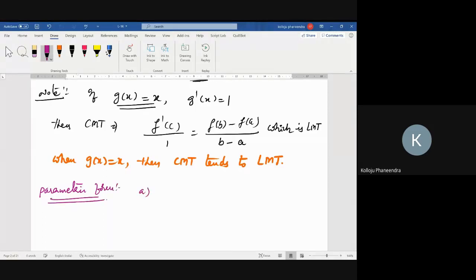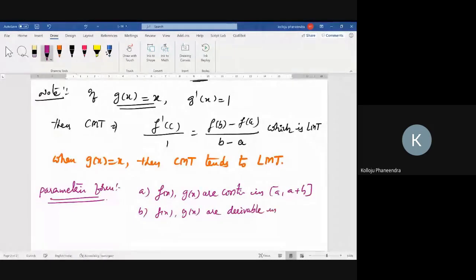What is the first condition? f of x, g of x are continuous in closed a comma a plus h. Second, f of x, g of x are derivable in open a comma a plus h. And third condition, g dash x not equal to 0 in open a comma a plus h. These three conditions.